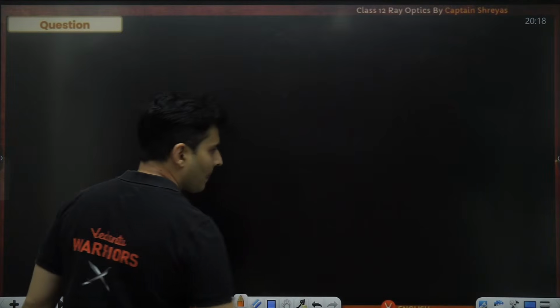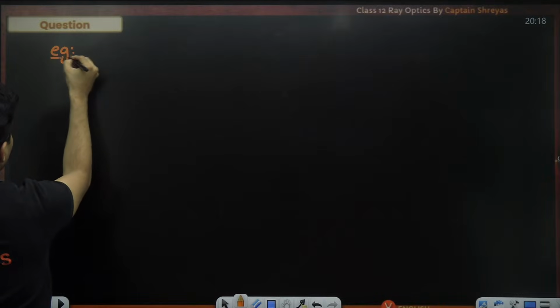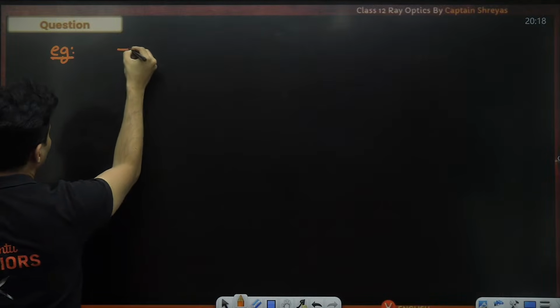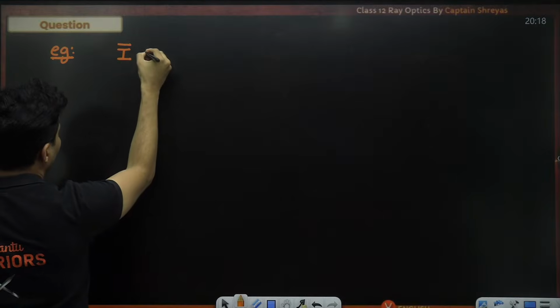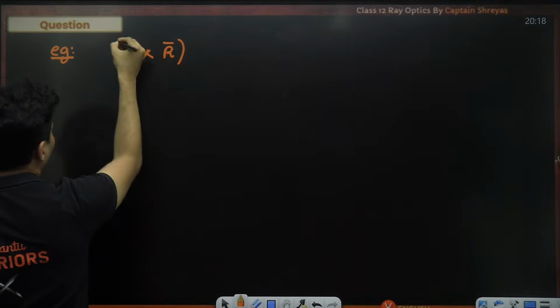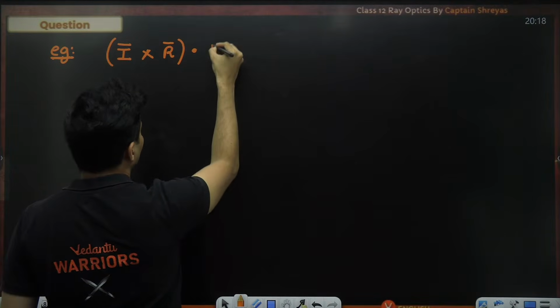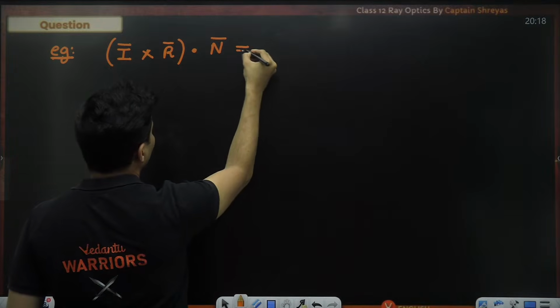And here is the first question. Okay. Find what will be the incident ray cross producted with the reflected ray, and then dot producted with the normal ray, equal to.